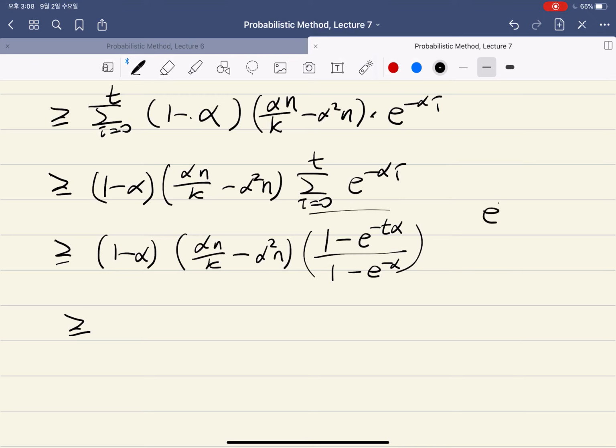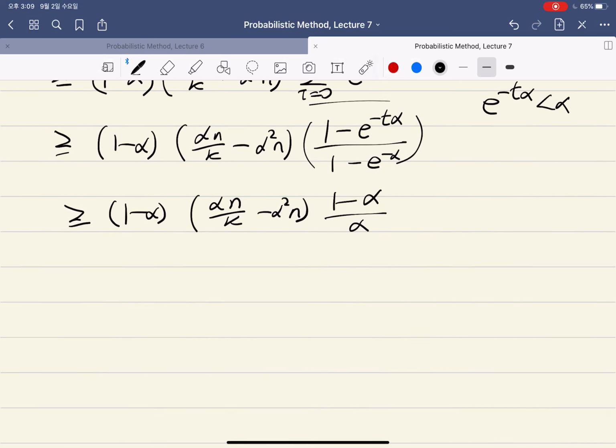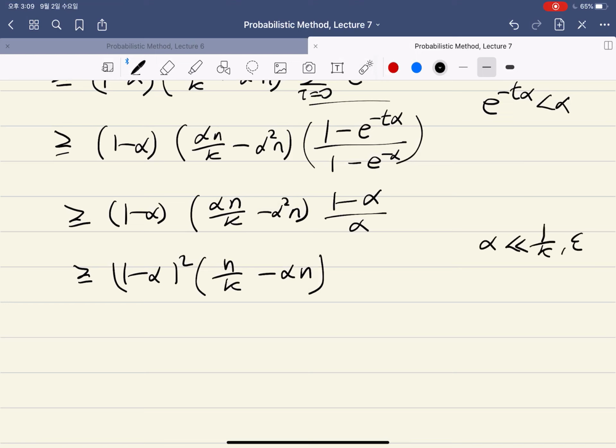And what do we know? This is much smaller than alpha. So we make sure that this is smaller than alpha. So this is 1 minus alpha, alpha n over k minus alpha square n. And this part is lower bounded by this. Then this is 1 minus alpha square n over k minus alpha n. And we know that alpha is much smaller than epsilon or 1 over k. So this is at least 1 minus epsilon times n over k.